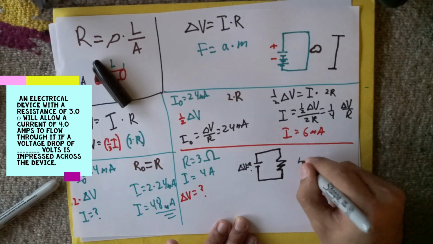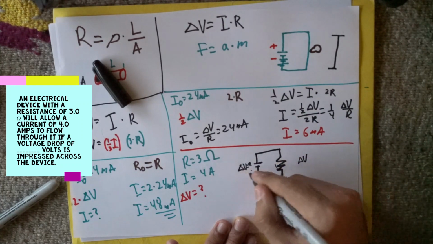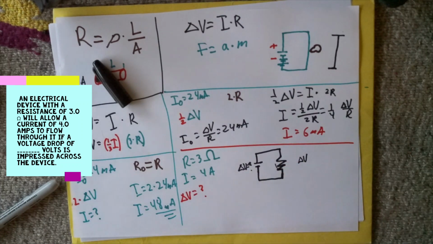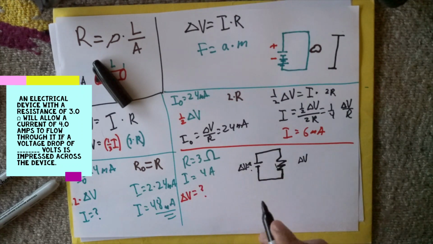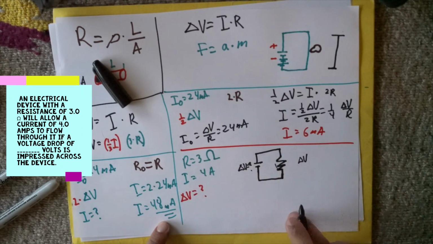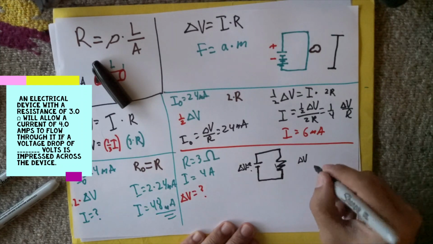So that's pretty important. Again, in this situation, the resistance is 3 ohms and the current is 4 amps.